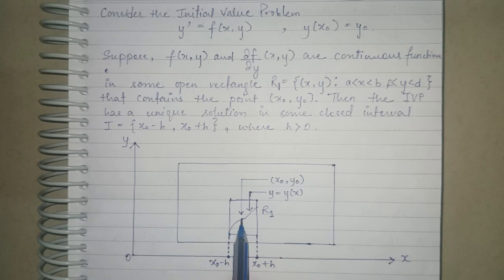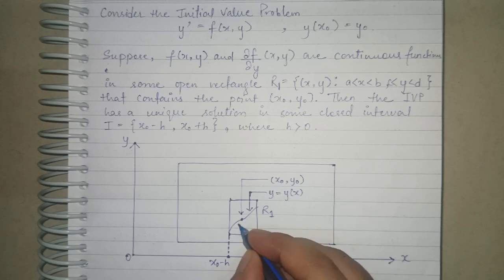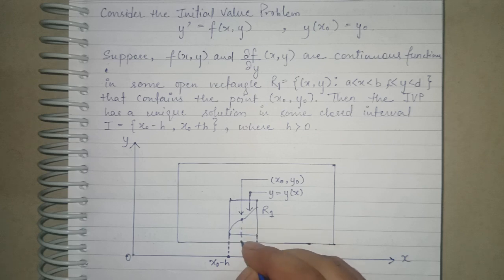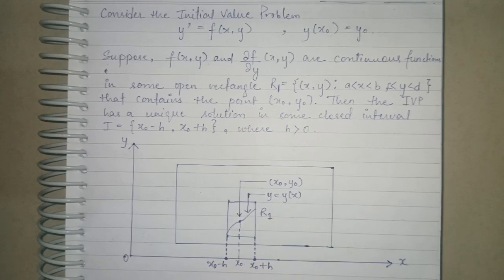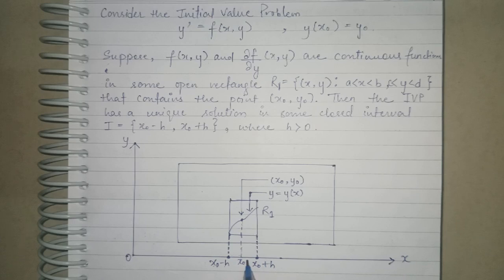Because this point is x naught, y naught. If I take a distance of h on the left side, this point becomes x naught minus h, and if I take the same distance on the right side, it becomes x naught plus h.